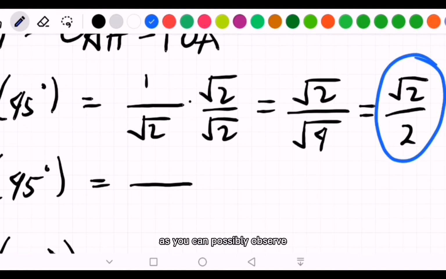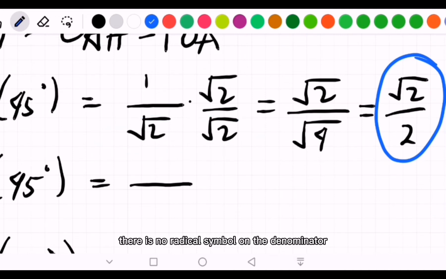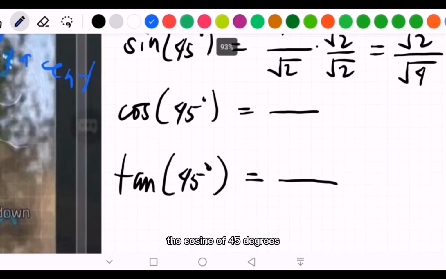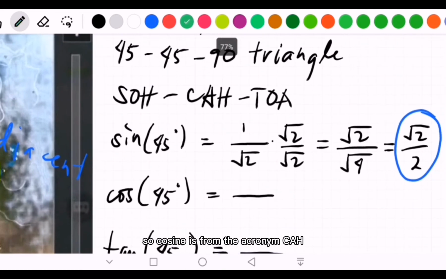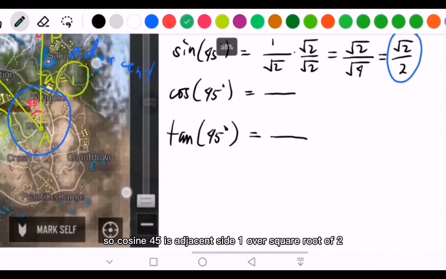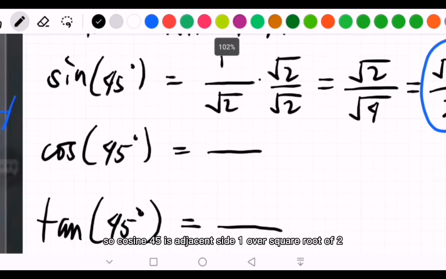As you can observe, we are rationalizing the denominator in the sense that we make it a perfect square, so there is no radical symbol on the denominator. Now let us proceed to the cosine of 45 degrees. Cosine is from the acronym CA, so cosine 45 is adjacent side 1 over square root of 2.